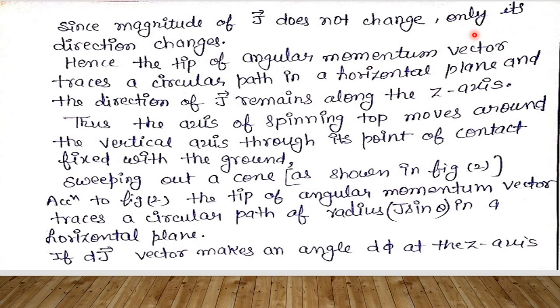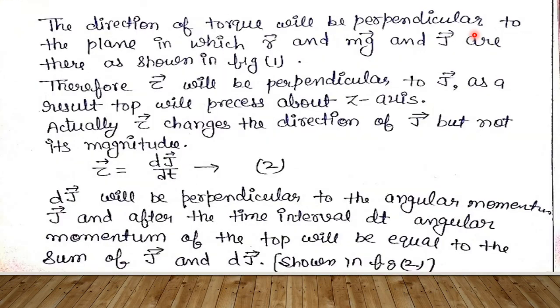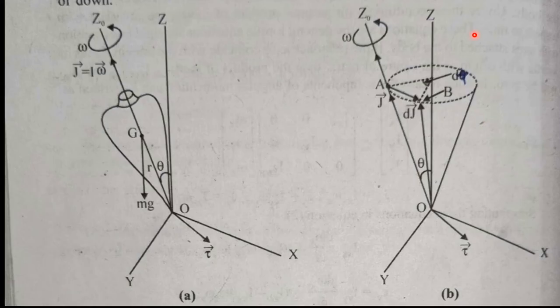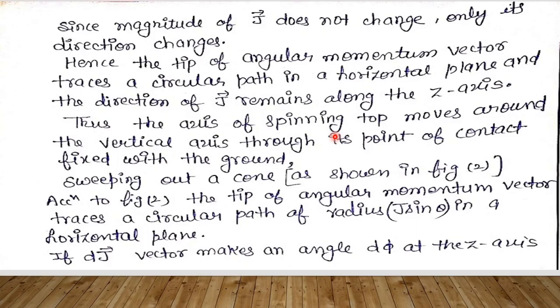Thus, the axis of the spinning top moves around the vertical axis through its point of contact with the ground, sweeping out a cone, as in the figure.